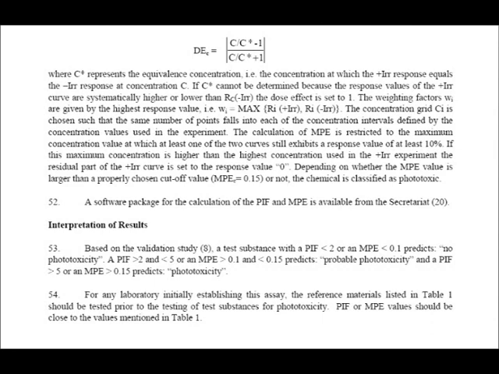A PIF greater than 2 and less than 5, or an MPE greater than 0.1 and less than 0.15, predicts probable phototoxicity, and a PIF greater than 5 or an MPE greater than 0.15 predicts phototoxicity.